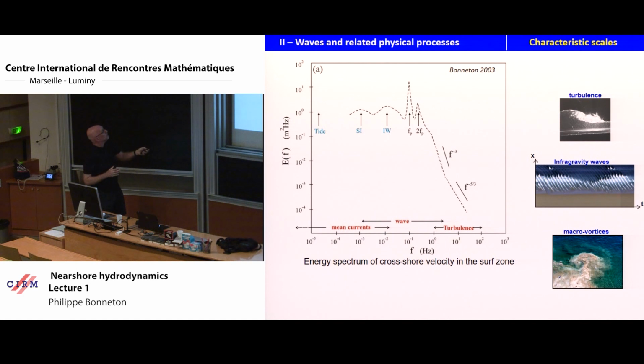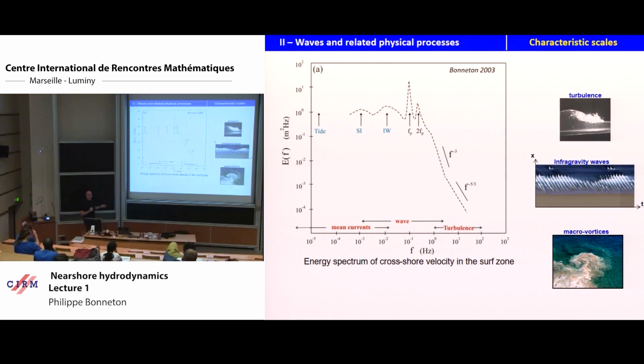And also, most of the time in natural environments, we have tide. So there are also tidal currents. So a very complicated process ranging from small-scale turbulence scales to large scales related to classical applications in the field, with a characteristic time of a few days and a characteristic scale of about a few tens of kilometers.